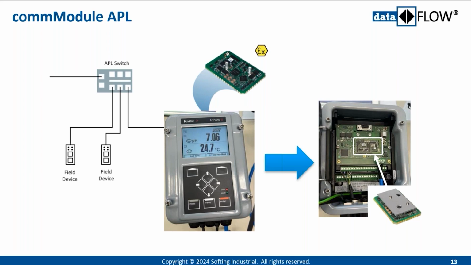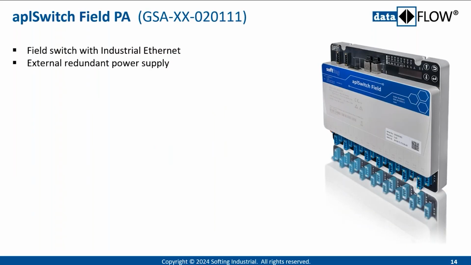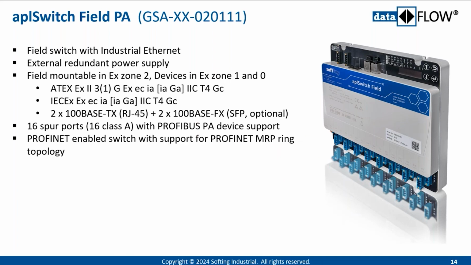We are not talking about a temperature like that. The switch itself, field switch with industrial Ethernet, redundant power supply, all the different ATEX certification for the Ex Zone 2. 16 spur ports that you can see here. This PROFIBUS PA device support, as I mentioned before, you can mix between APL and Profibus.